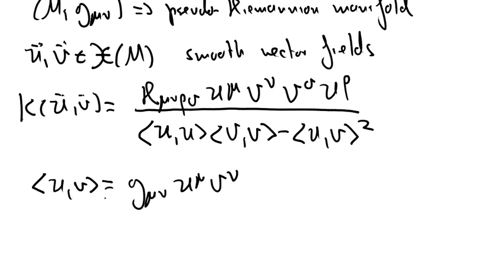The sectional curvature has a clear geometric interpretation, which I'm not going to discuss here. What I'm going to discuss is the case in which the sectional curvature is constant, which means that this scalar quantity is independent of the chosen smooth vector fields.